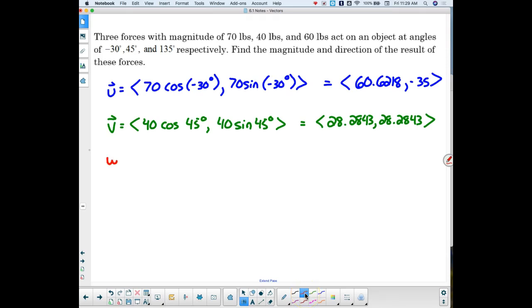Third force, magnitude of 60, angle of 135.